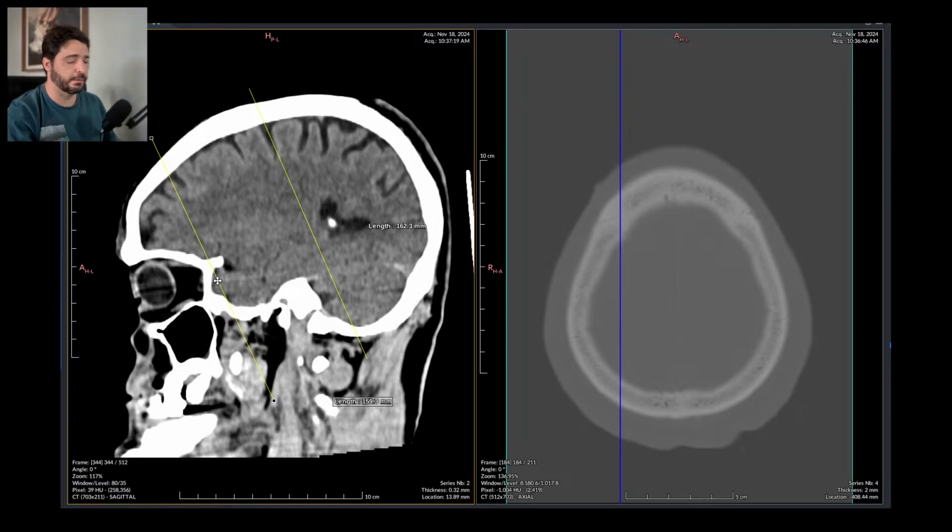So you could do one or two or three of those sequences, but if you only have to do one, I'd say you do a coronal T2, and it's fine.